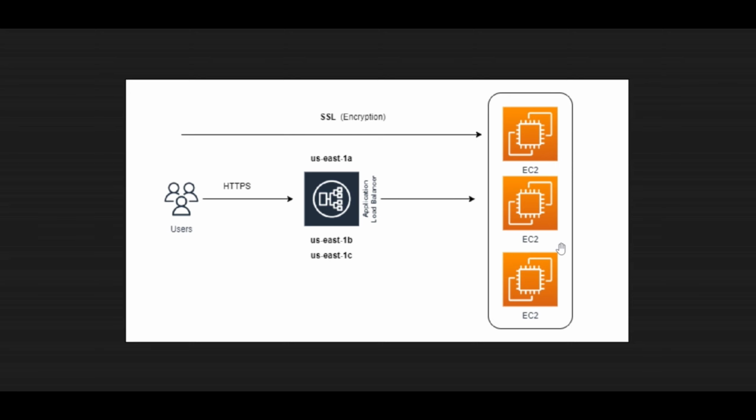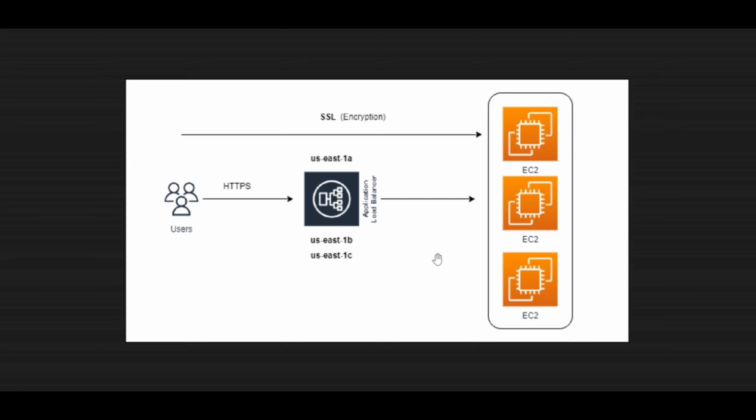Now the second problem was high traffic. Whenever high traffic was generated, the application was crashing. But now you can see that since the application is running on multiple EC2 instances, the load will be balanced by this load balancer and the traffic will be distributed among all these 3 EC2 instances. So now you have solved both problems for Mr. Richard in this architecture.